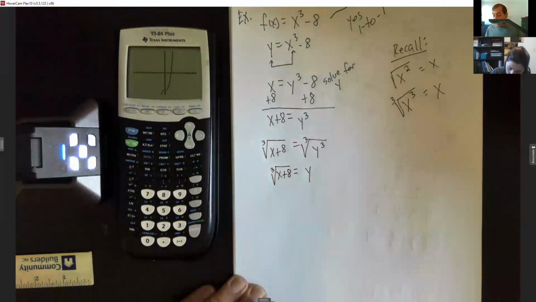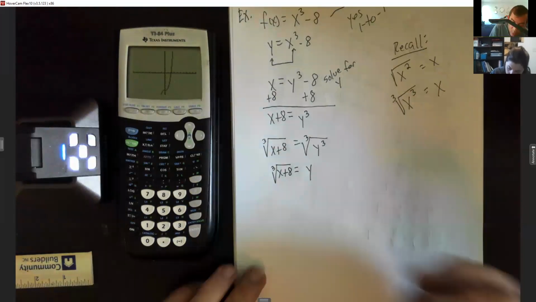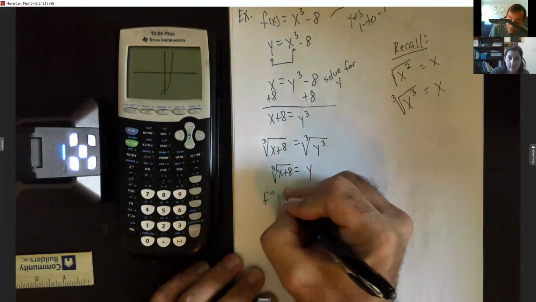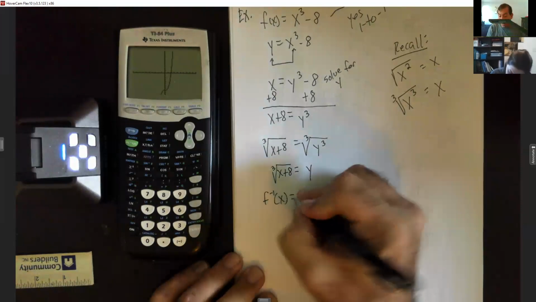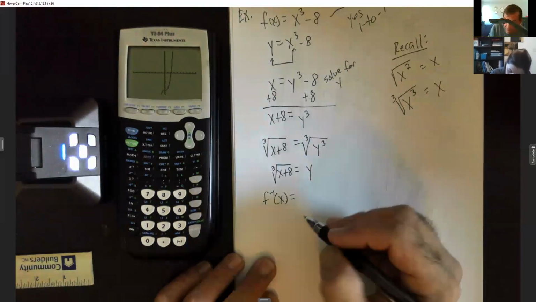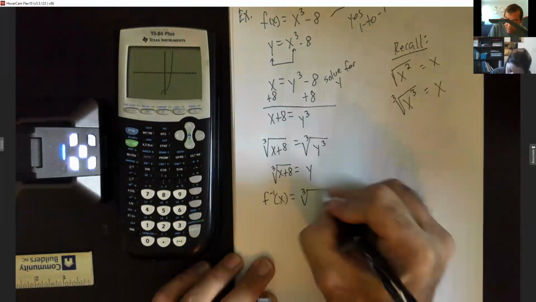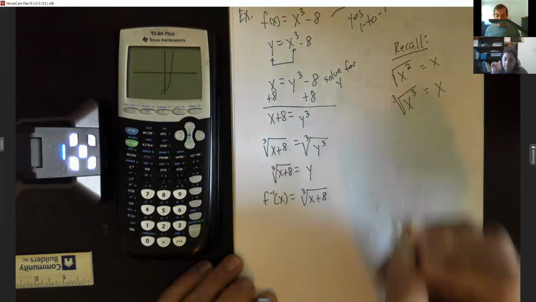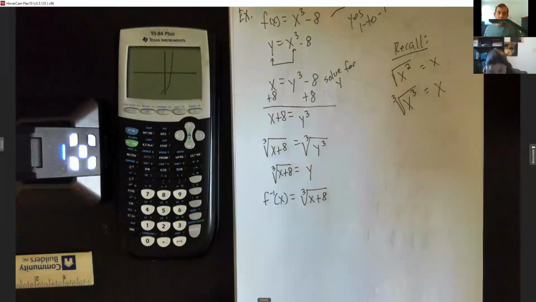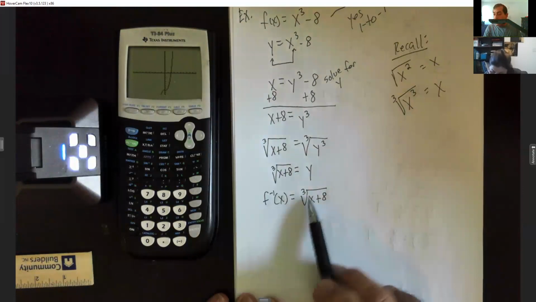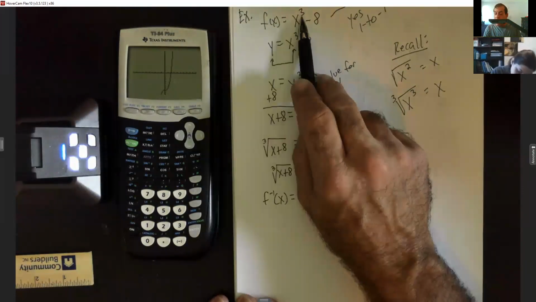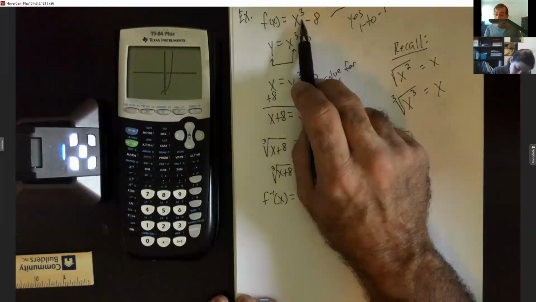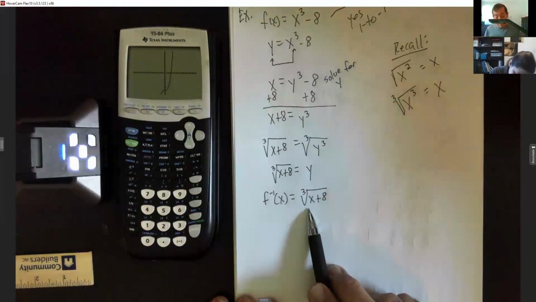And then my last step, I'm going to replace the y with f inverse of x notation and just bring down that answer, the cube root of x plus 8. So cube roots always undo your cubes. Your cubes will undo your cube roots if I get any of them, okay?